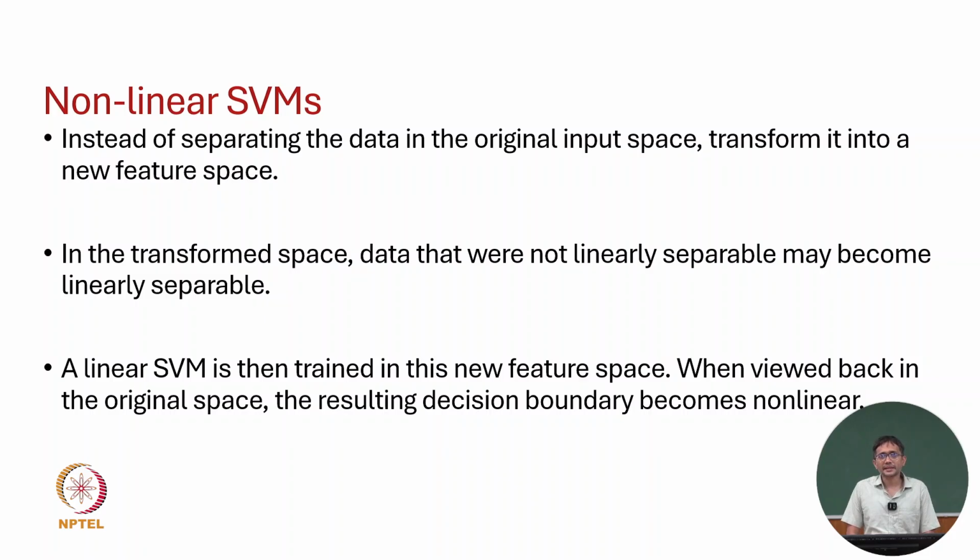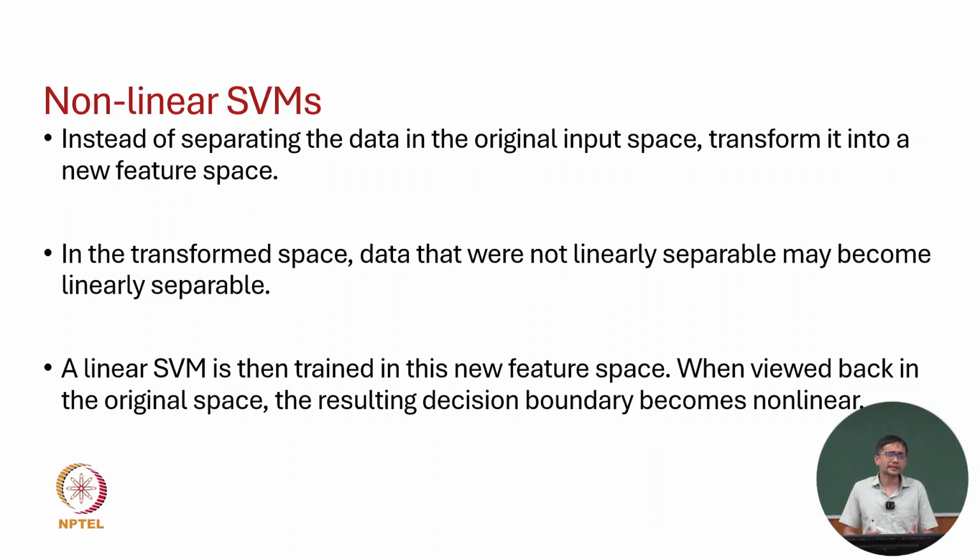In the transformed space, the data that was not originally linearly separable becomes linearly separable, so that we can then apply SVM in this transformed space. So what we are doing is training a linear SVM in this new feature space, whereas if you view it back in the original space, the resulting decision boundary is still nonlinear.